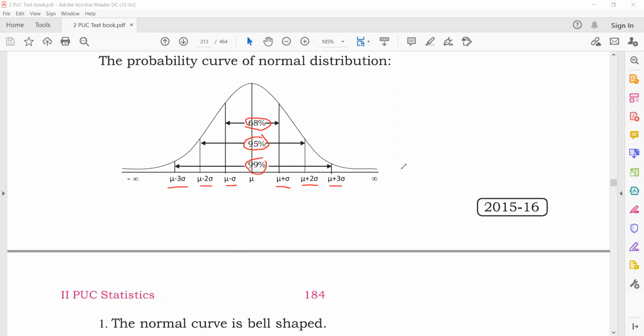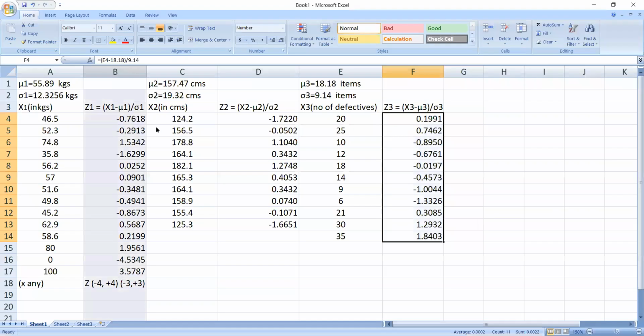So what this is telling is, if you pick any set of x values, heights and weights, and you compute the value of mu, which is the mean of that data, and the standard deviation of that data, you will observe almost all the values within mu plus 3 sigma and mu minus 3 sigma. So let me make you understand this.